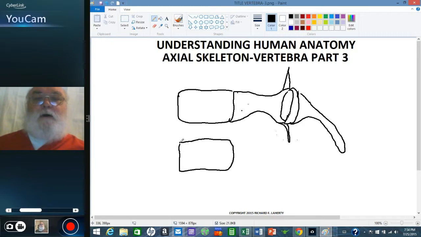So there's the body, the pedicle, superior articular process, inferior articular process, and the inferior surface of the pedicle.